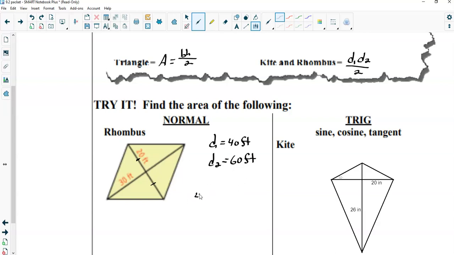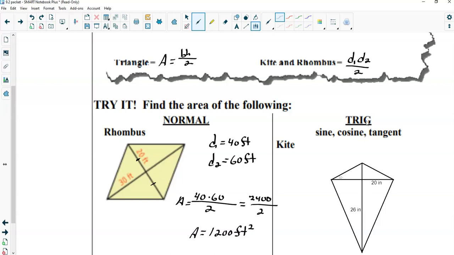So 40 times 60, divide that by 2, and that will give me the area, okay? So 4 times 6, that's 24. And then add those 2 zeros, that's 2,400 divided by 2, which is 1,200. So the area is equal to 1,200 square feet.